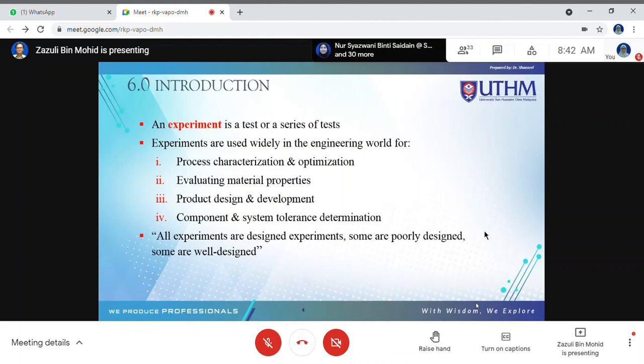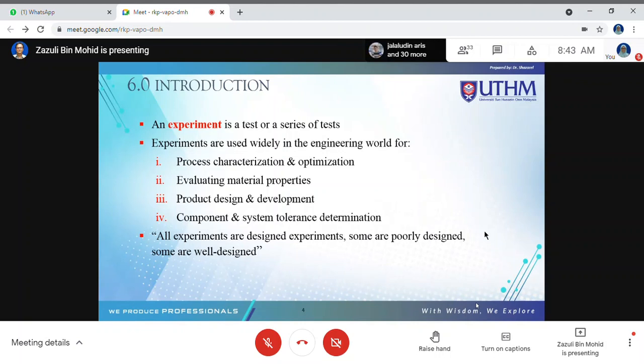The characterization could be an activity to understand the material properties, thermal properties, or the quality of machining, or the behavior of a certain machine during the machining process. And after we do some characterization study, we also can perform optimization works.